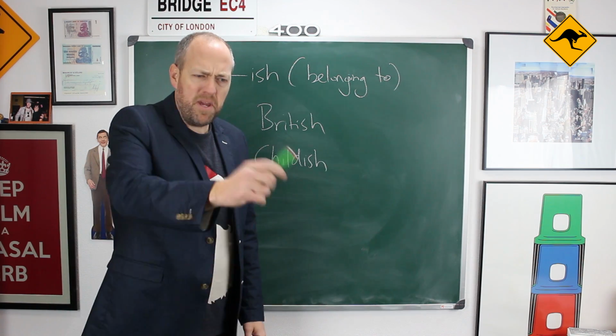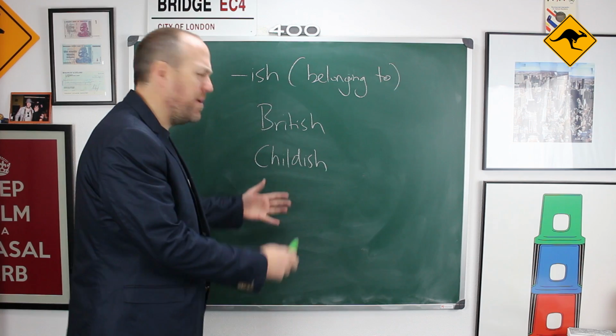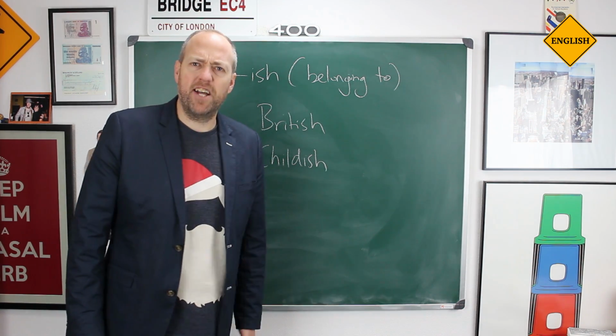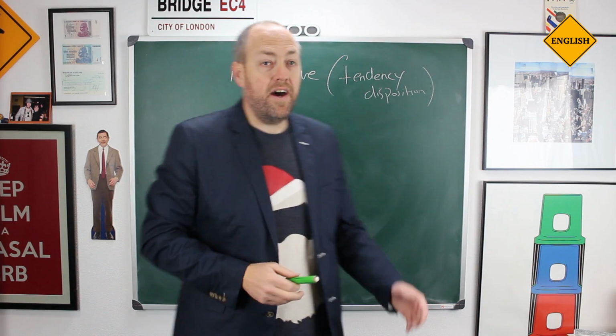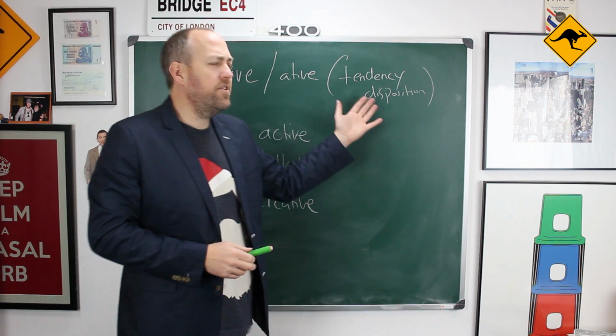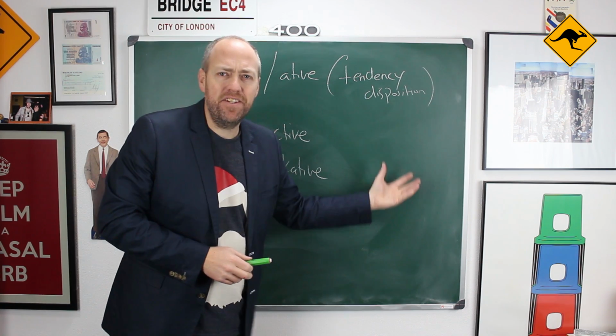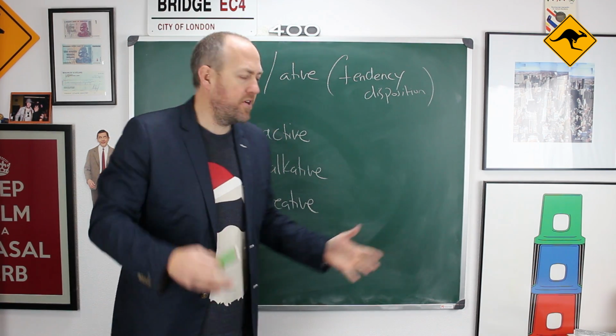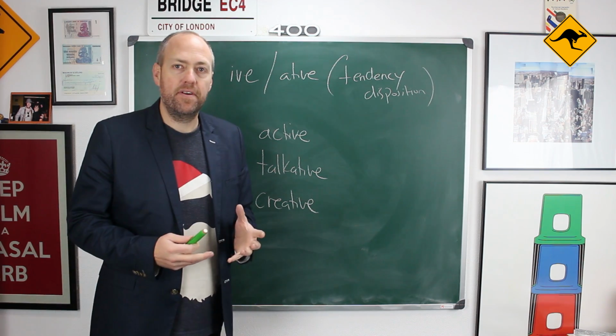You are not behaving like an adult. You are being childish. You're having the characteristics of a child. The next ones are ive and active, which means things that have a tendency or a disposition for something. For example, active.